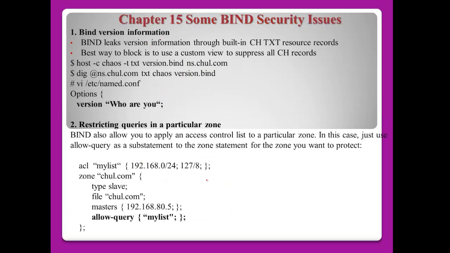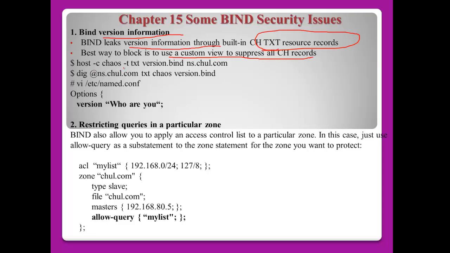Okay, chapter 15, some BIND securities. The first one is BIND version information. Normally, BIND leaks version information through the built-in TXT resource record. So the best way to block it is to use a custom view, or suppress the CH record.